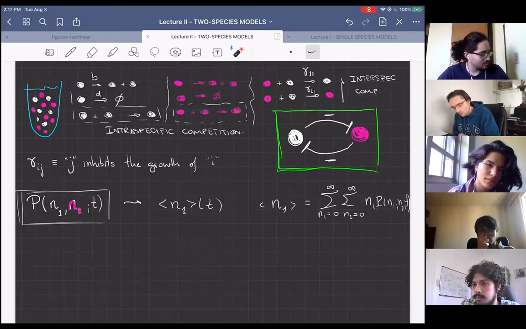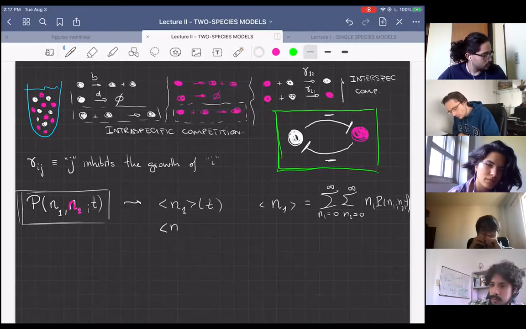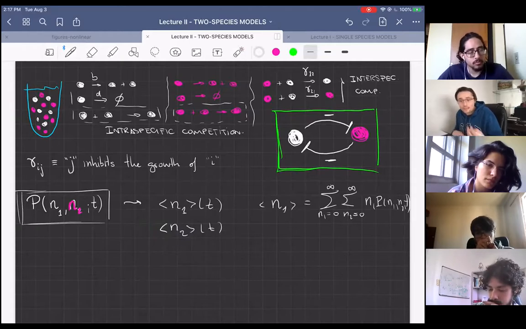So of course you will get an equation for the mean value of N1, the mean value of N2, as we obtained yesterday doing this algebra. And now the thing is that our system of equations, instead of being one-dimensional, is two-dimensional.